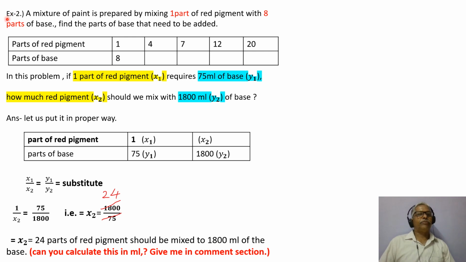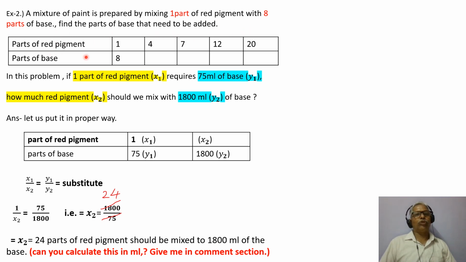Read this example 2. Part of this is the same as the previous example. There is a little extended part in this, but we have to read it. A mixture of paint is prepared by mixing 1 part of red pigment with 8 parts of base. We have done this. Find the parts of the base needed.